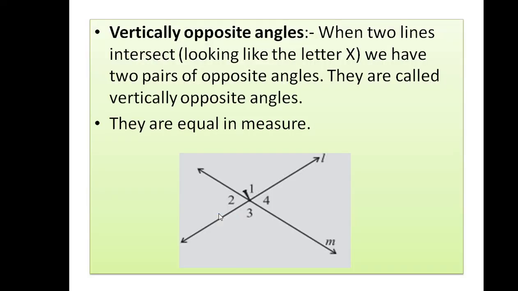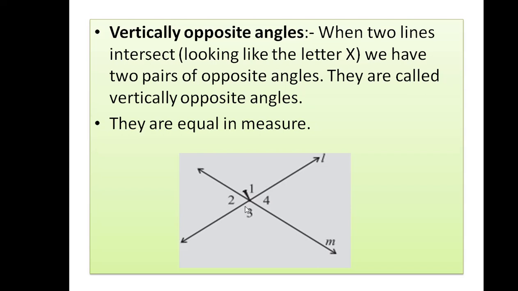Vertically opposite angles. When two lines intersect looking like the letter X, we have two pairs of opposite angles. They are called vertically opposite angles. Here lines L and M are intersecting at a point. So angle 1 and angle 3 are vertically opposite.